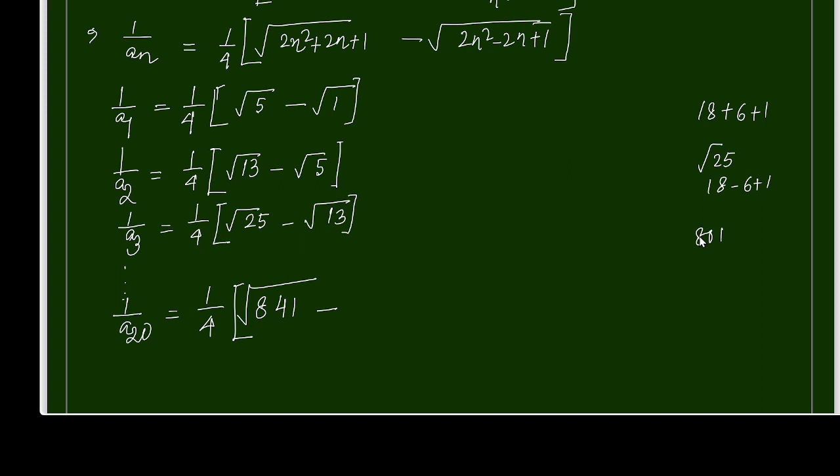How much will it be? It will be 20 square 400, 800 minus 40, 760 plus 1, that will be 761.